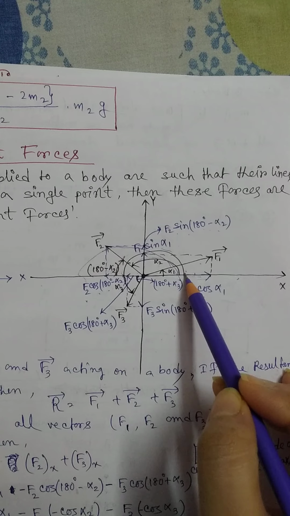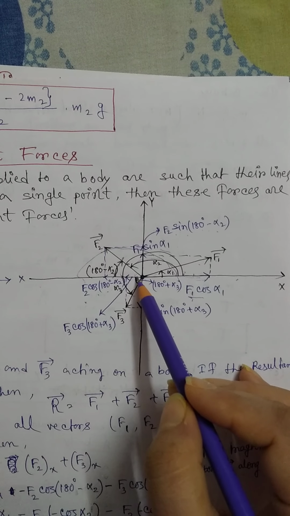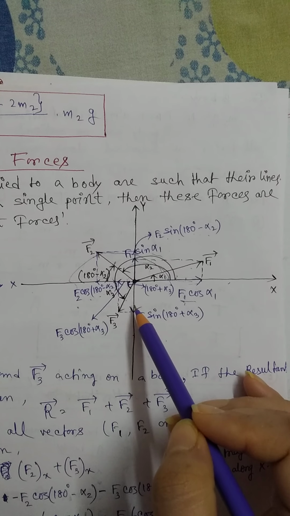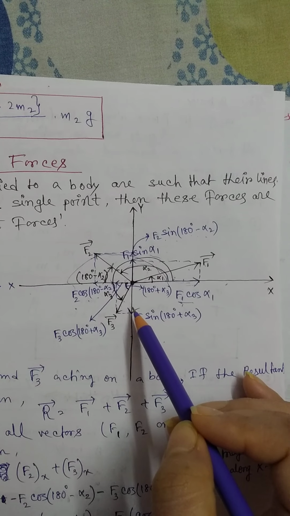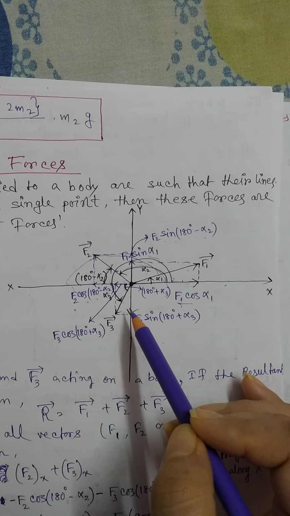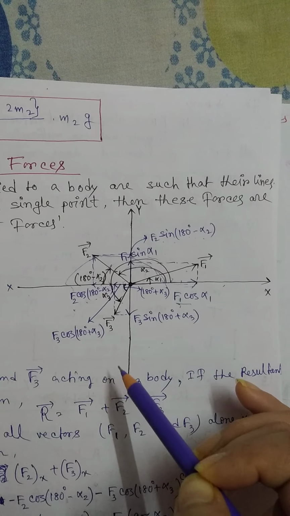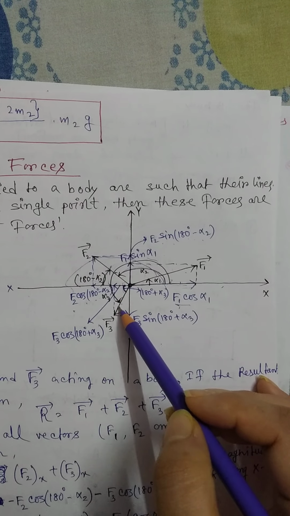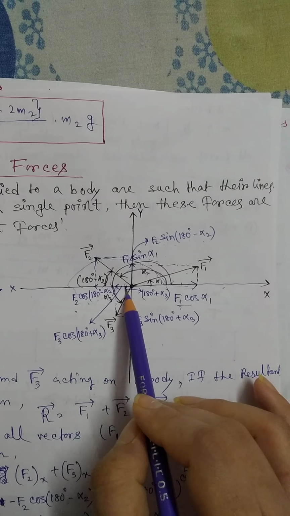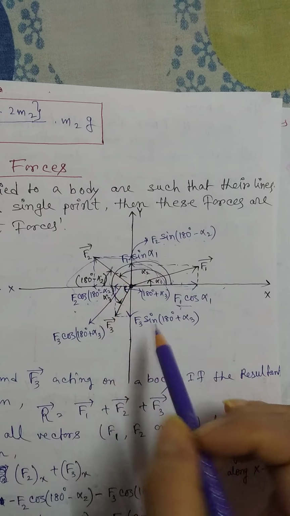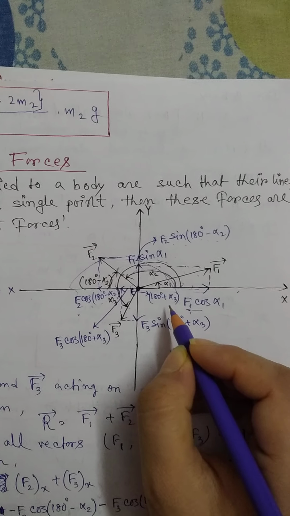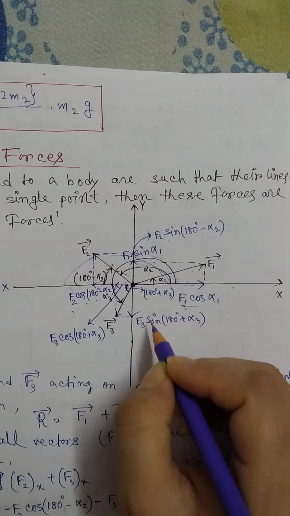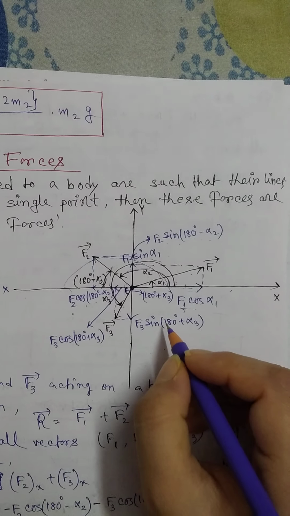So if we add this portion, this whole angle is alpha 3, right? So what about this angle? This angle equals 180 degree minus alpha 3. Sorry, alpha 3 minus 180 degree.